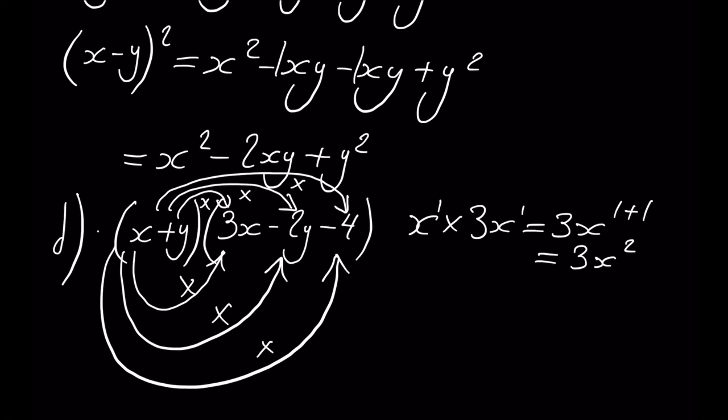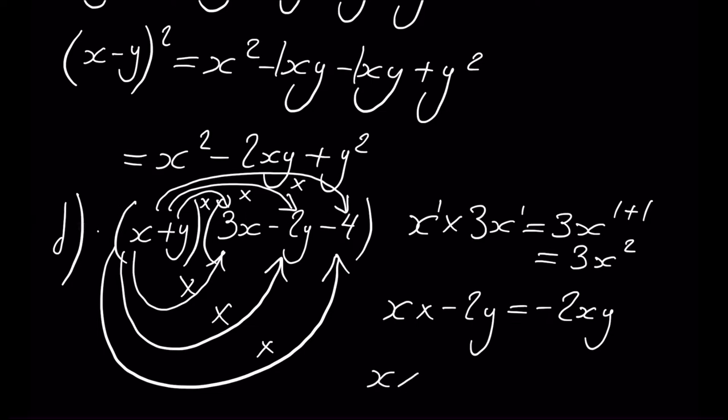And then we've also got x multiplied by minus 2y, and that's just equal to minus 2xy. And then we've got x multiplied by minus 4, which is equal to minus 4x.